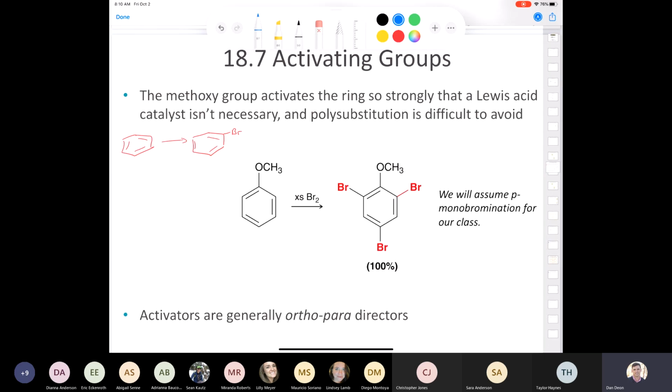We needed not only bromine, but also iron to make iron tribromide. So we'll put here Br2 and iron(III) bromide. We would need those. But now you see that with anisole, you don't need that. All you need to do is treat it with bromine, and the reason is that the ring is so strongly activated.